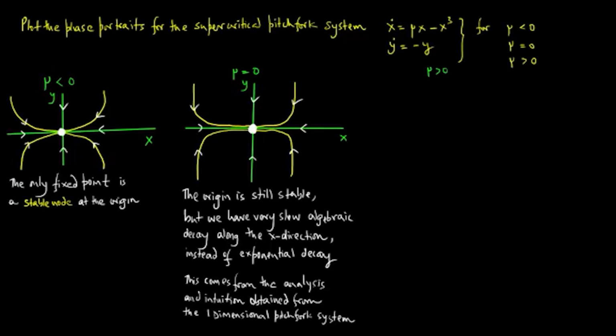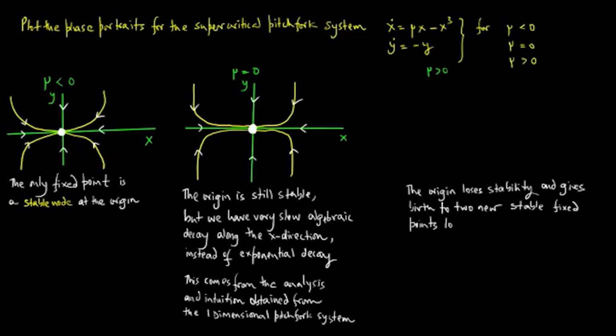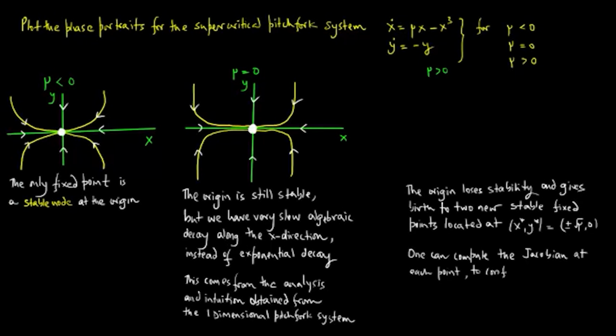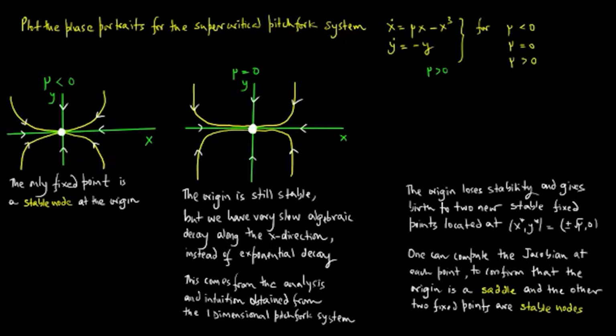Now we look at mu greater than 0. Here the origin loses stability and gives birth to two stable fixed points located at x star, y star is equal to plus minus the square root of mu, 0. One can actually compute the Jacobian at each point to confirm that the origin is a saddle and the other two fixed points are in fact stable nodes.